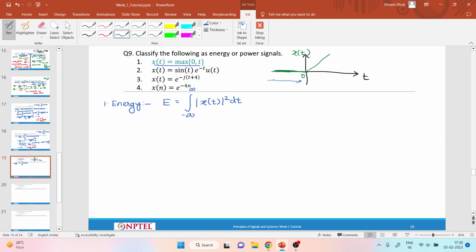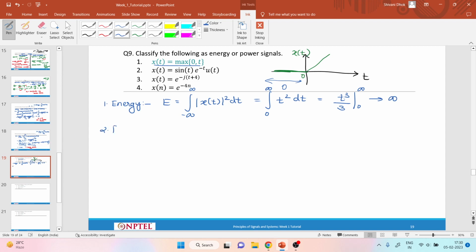In this region it is 0, therefore I can just focus on the limits from 0 to infinity. Your x of t is t, so we have t square dt. Here what I am getting is t cube by 3 from 0 to infinity, which tends to infinity. So my energy is tending to infinity.